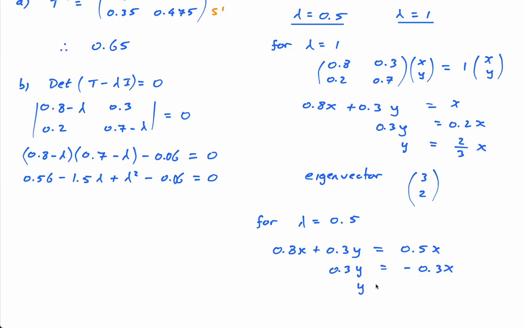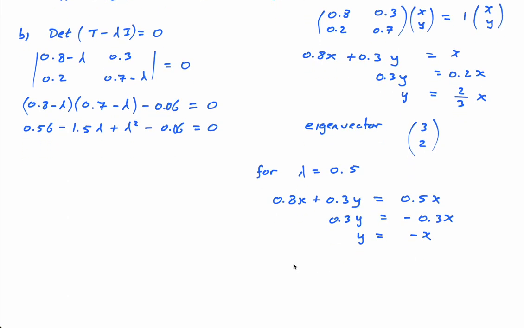So y equals negative x. So our eigenvector, this is an easy one, is 1, negative 1, or negative 1, 1. So let x is 1, y is negative 1. Here, let x equals 3, y equals 2.